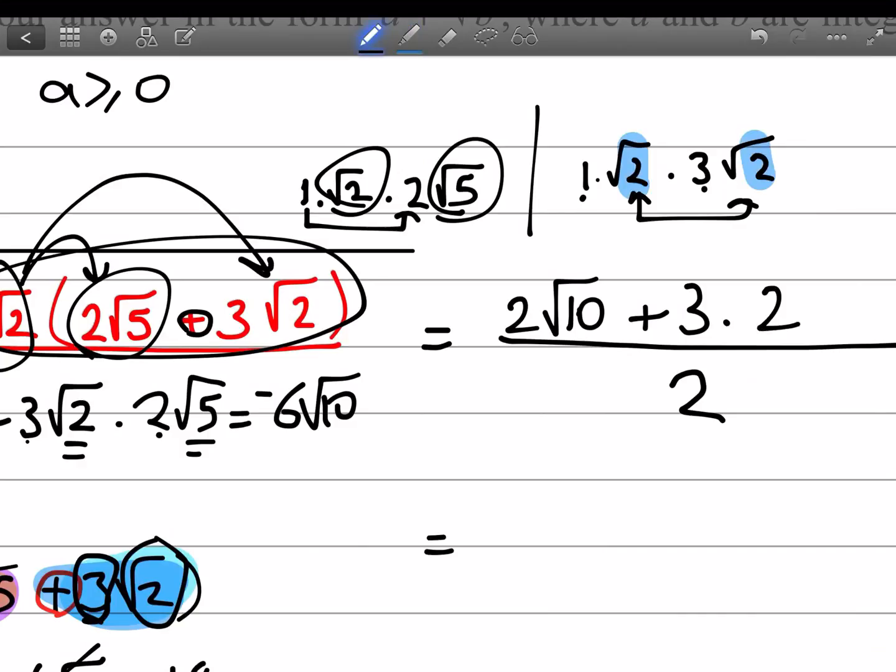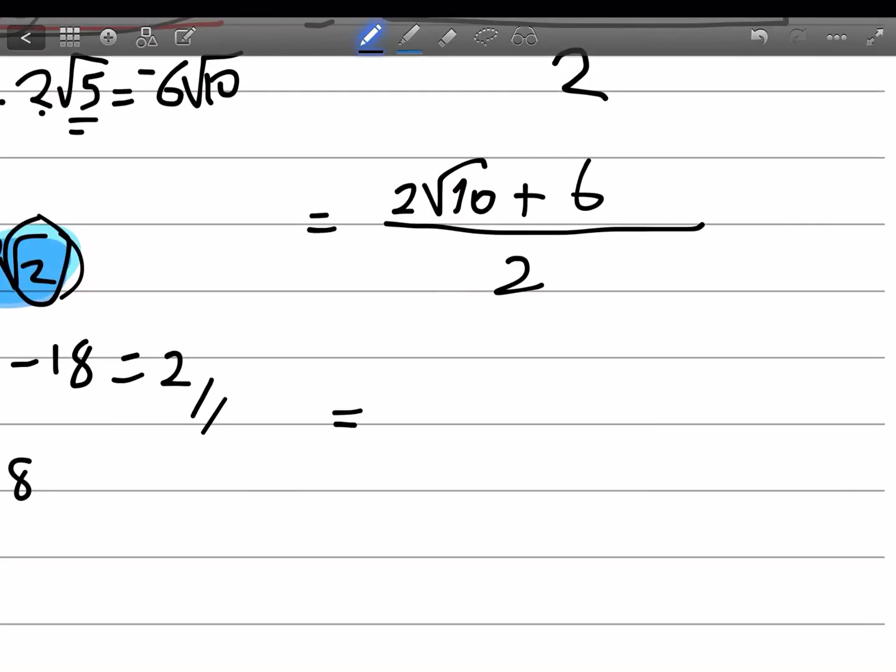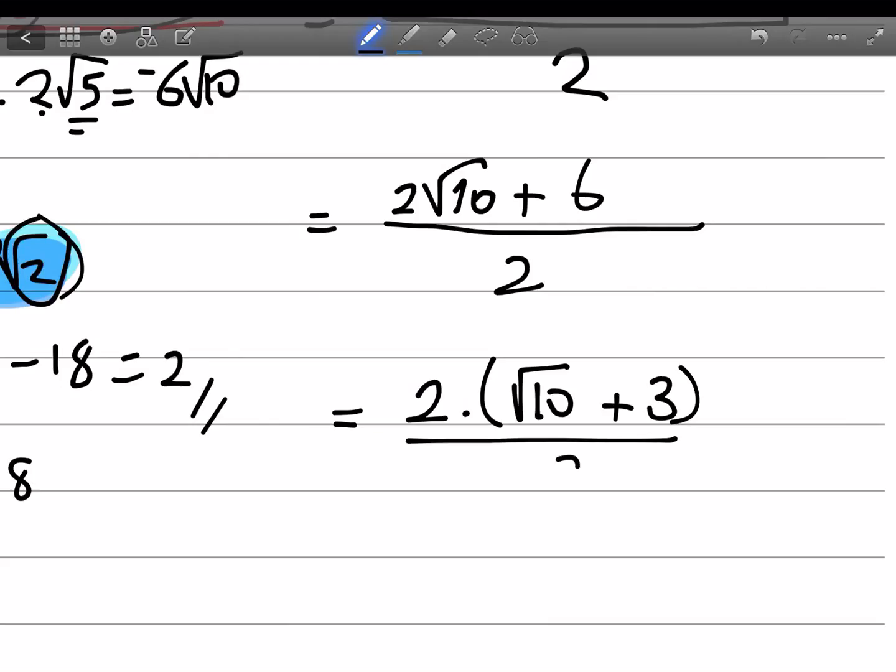We have to simplify it. 2 times root 10 plus 6 over 2. We take out a factor of 2, like 2 times (root 10 plus 3) over 2. These cancel and the answer will be 3 plus root 10.